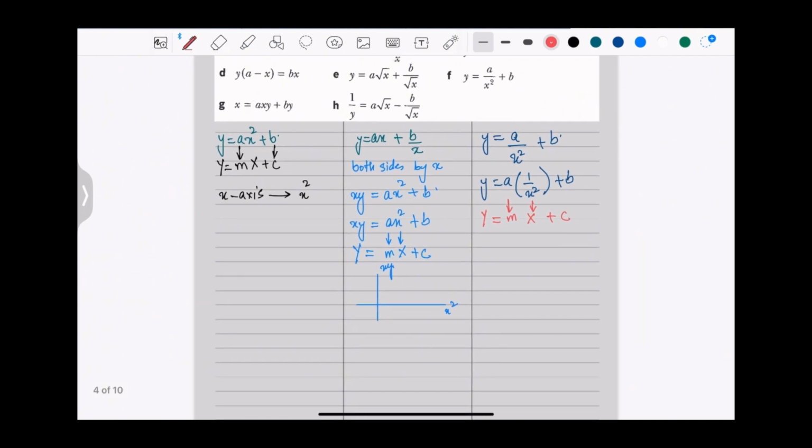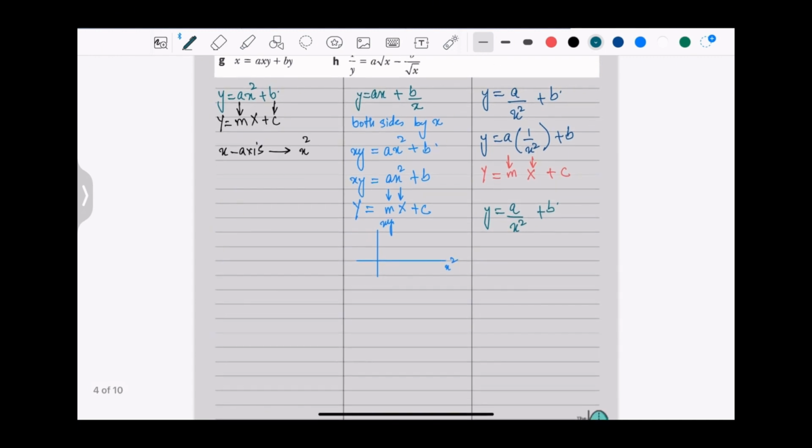The same equation can also be written differently. If I multiply both sides by x squared, this will become x squared y equals bx squared plus a, and you can write this as y equals m, this is x, plus this is the y-intercept.